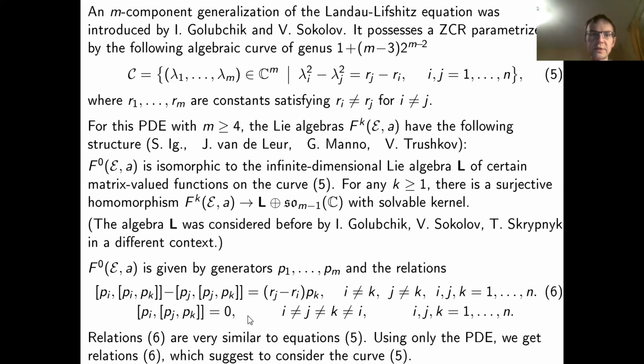Starting from the PDE given by Golubchik and Sokolov, applying the described method, we get these relations. Not using any curve, we get these generators and relations of a Lie algebra, and looking at them, one can guess that one needs to consider this curve.